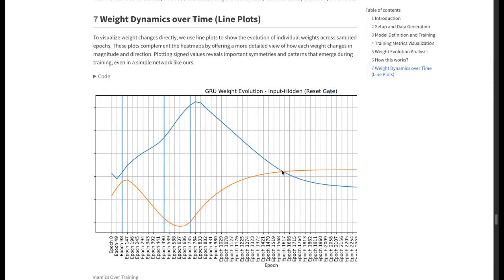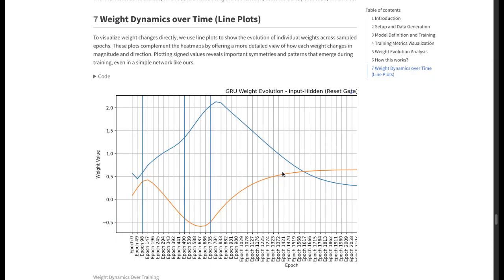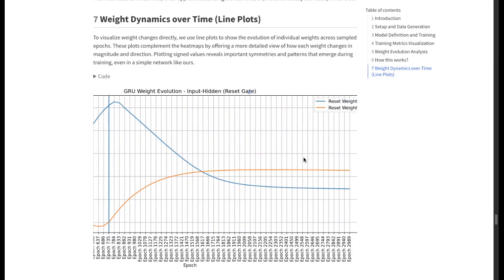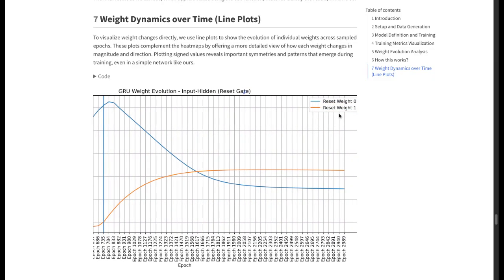And again, 150 here is where they overlap, so where they are the same. And the same means that they have value 0.6 almost. And one more thing we need to keep in mind is that these are the reset weights. So these are the weights that are put on the reset gate.